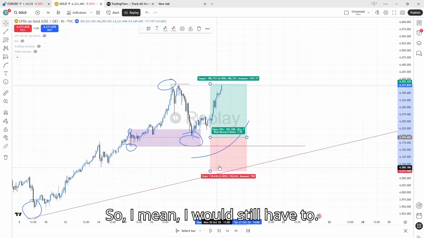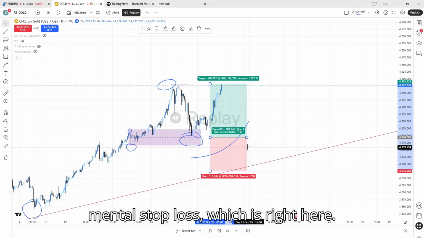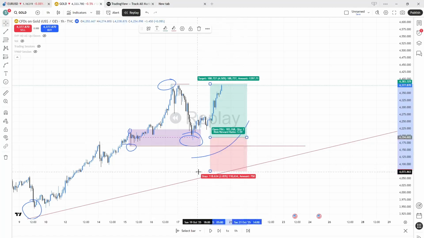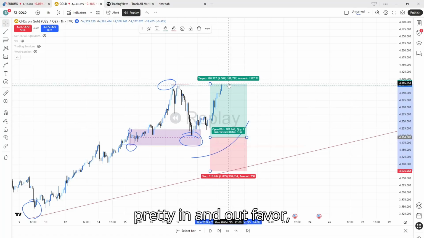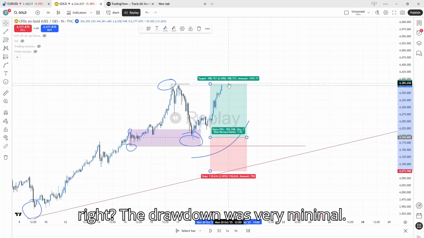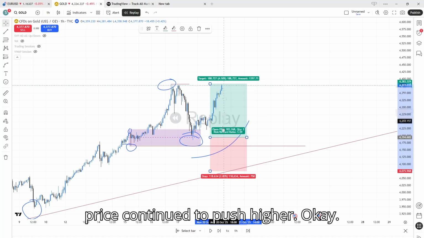I mean, I would still have two types of stop loss. One is the mental stop loss, which is right here. Another one is the hard stop. So this played out pretty in our favor, right? The drawdown was very minimal, and as you can see, price continued to push higher. Okay.